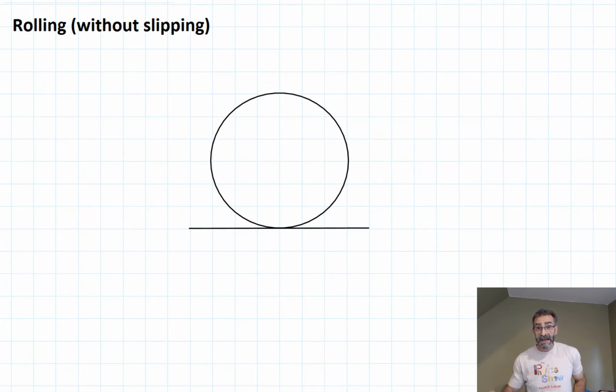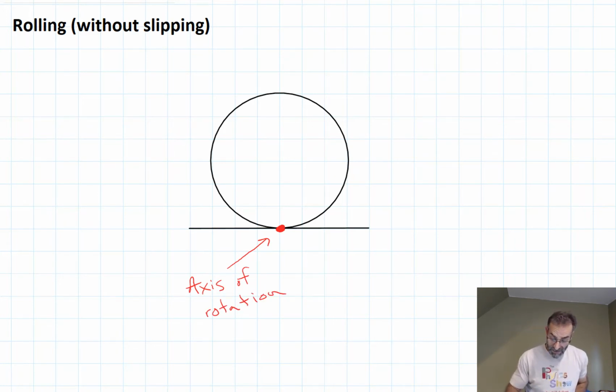So just to recap, rolling without slipping means our object is rolling, and the axis of rotation for our object is actually that point right there. That point is not moving at all with respect to the ground. It's stationary. The center of our wheel is moving to the right with some speed.